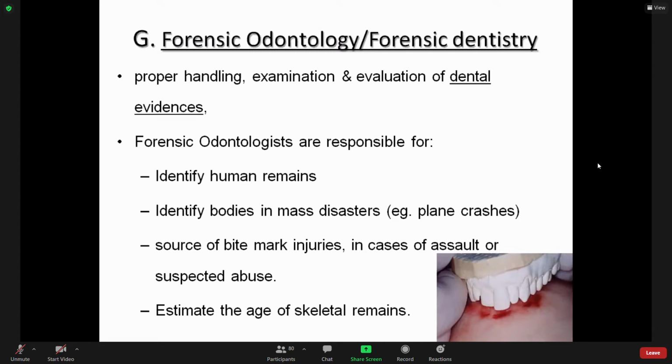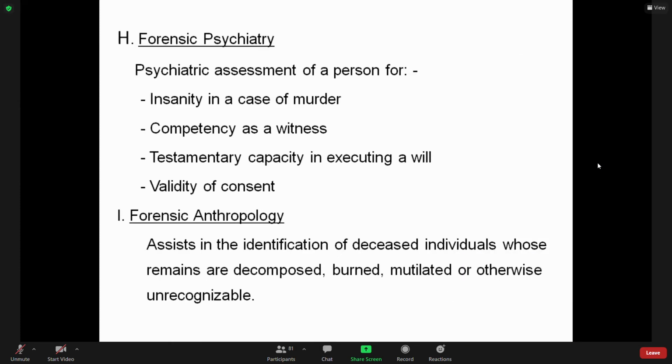Not just is the bite mark present in the victim, but it is present in the accused as well. Victim and accused may bite each other also. So you can examine the bite mark, and estimate the age of the skeletal remains. Okay, so these are the roles of the odontologist. Next comes forensic psychiatry.